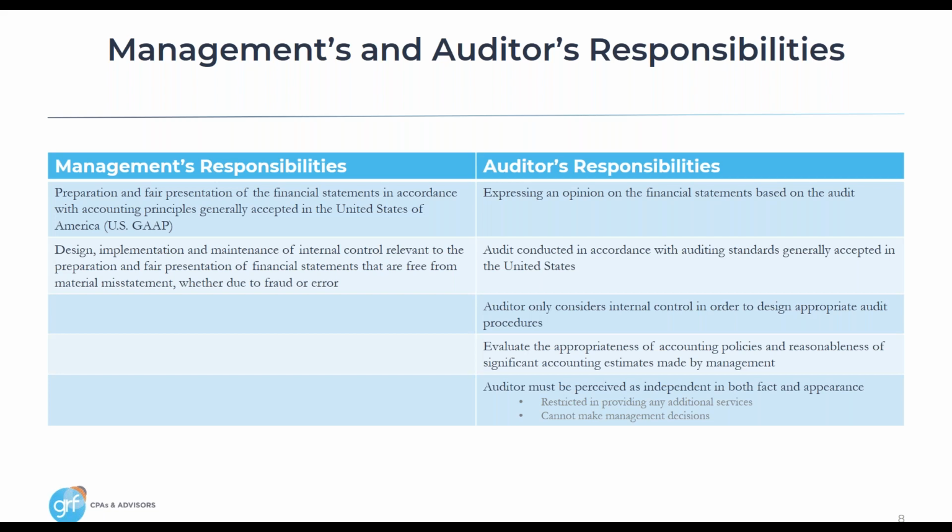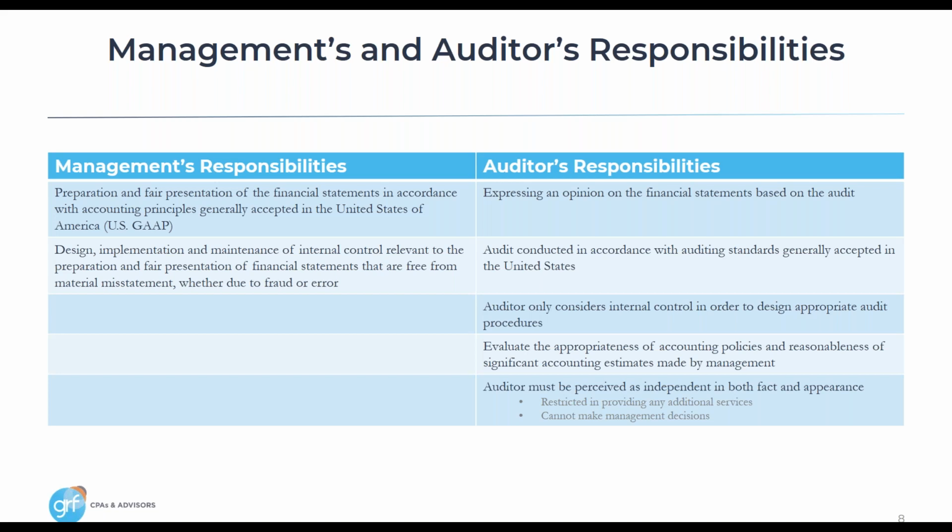Management is responsible for the preparation and fair presentation of the financial statements in accordance with accounting principles generally accepted in the United States of America, and that the design, implementation, and maintenance of internal control relevant to the preparation and fair presentation of financial statements are free from material misstatement, whether due to fraud or error.